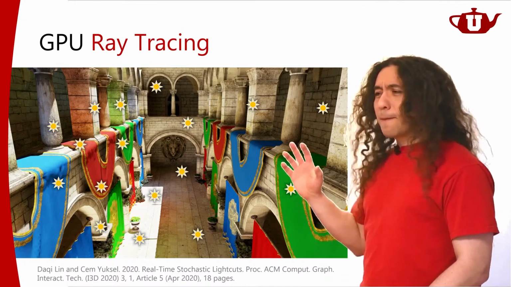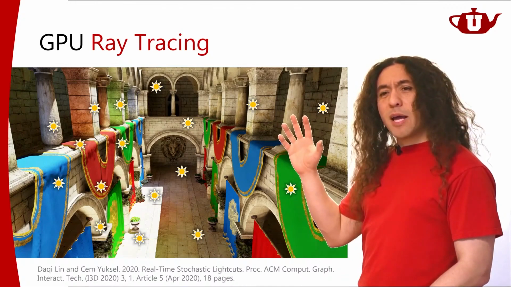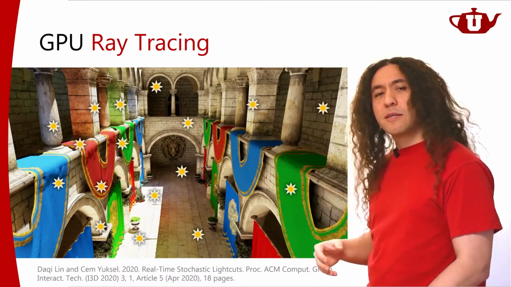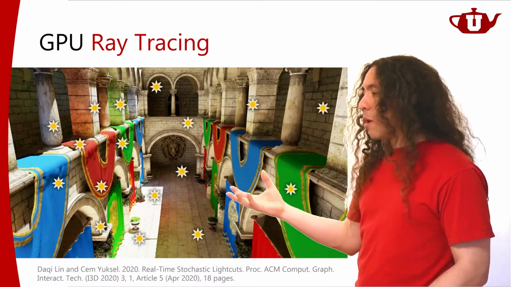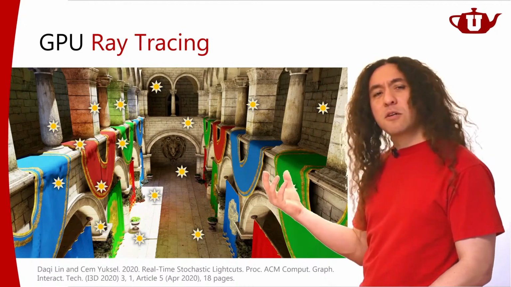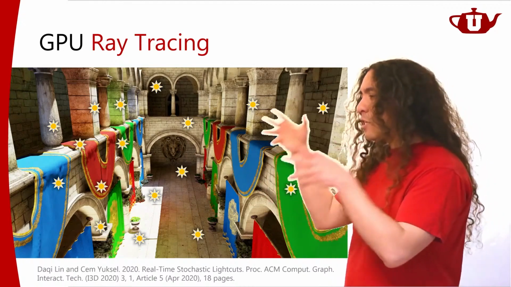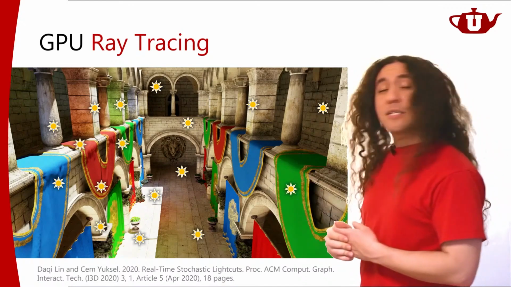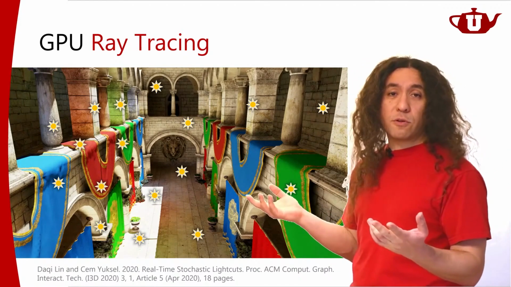So maybe it might be obvious how we generate these virtual lights for this kind of problem. You can see how ray tracing could work, because we're tracing rays to find where to place the virtual lights, and then we're tracing rays to figure out the shadows for those virtual lights.